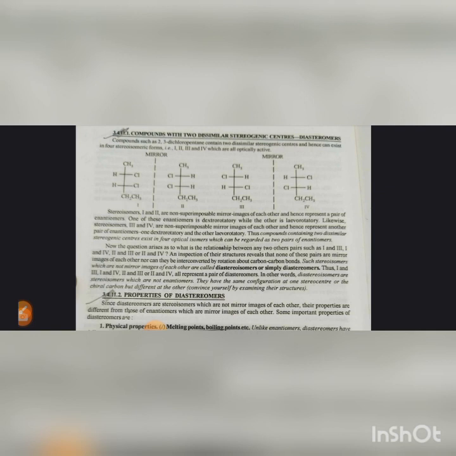One of these enantiomers is dextrorotatory while the other is levorotatory. Likewise, stereoisomers third and fourth are non-superimposable mirror images of each other and hence represent another pair of enantiomers, one dextrorotatory and the other levorotatory. Thus, compounds containing two dissimilar stereogenic centers exist in four optical isomers, which can be regarded as two pairs of enantiomers.